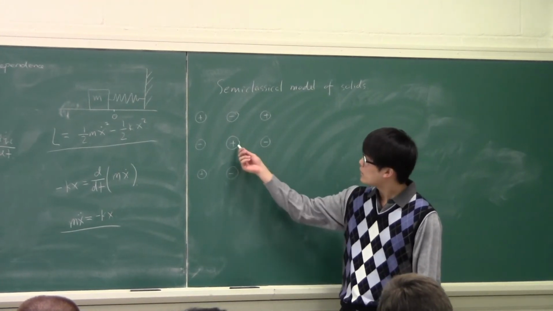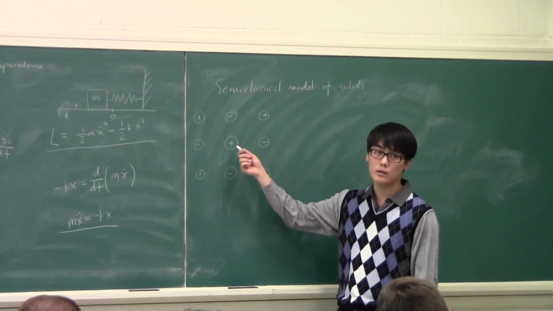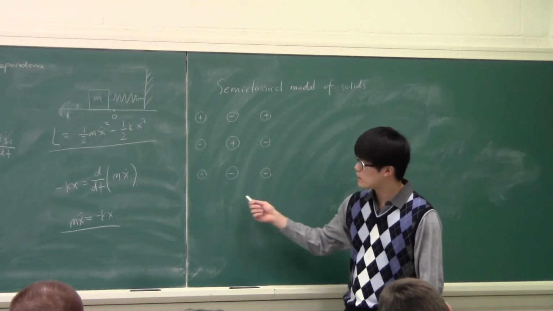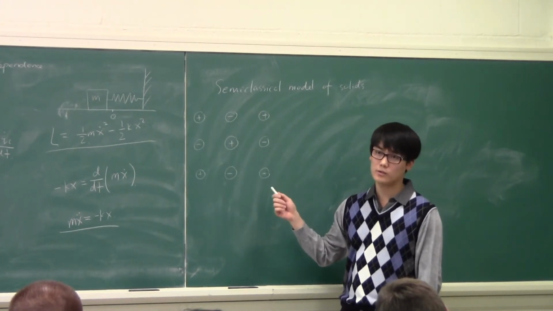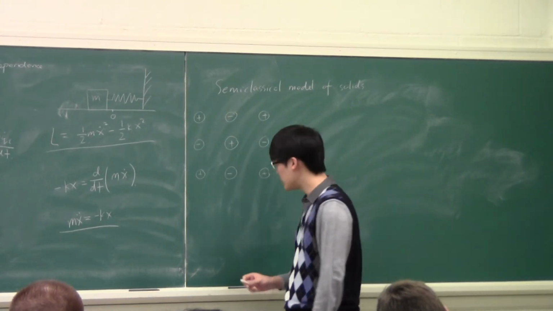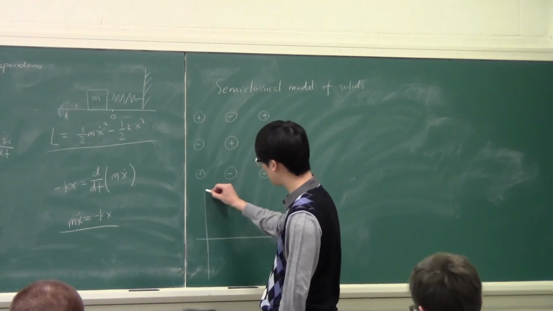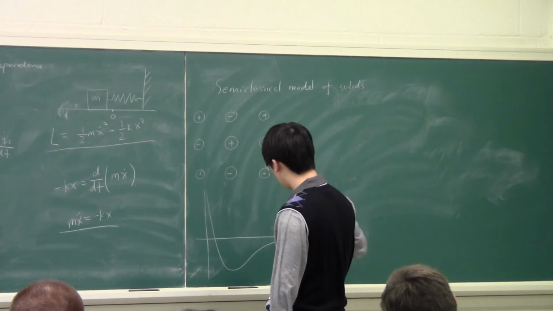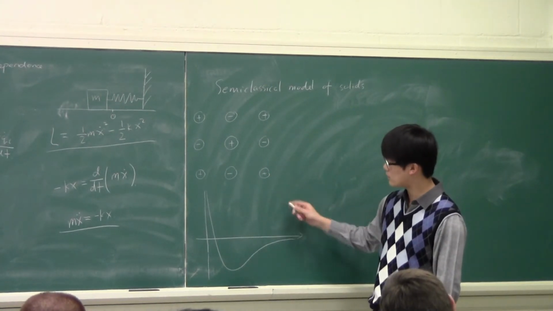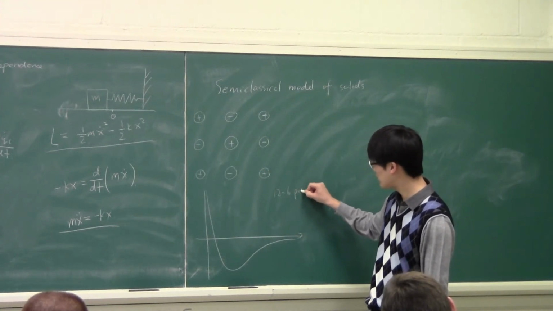Now you can find out what is the potential seen by this atom, being a positive charge, in the overall potential of all of its neighbors, and it's going to be in the form of a sum. That sum is going to give you a function that looks like this, and sometimes this is called the 12-6 potential.